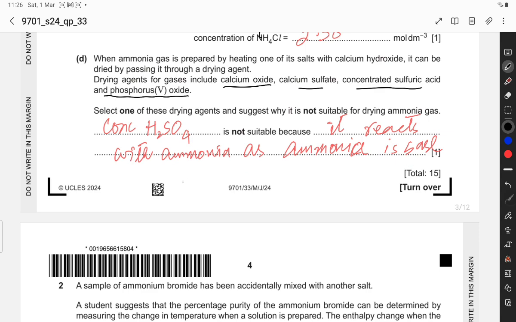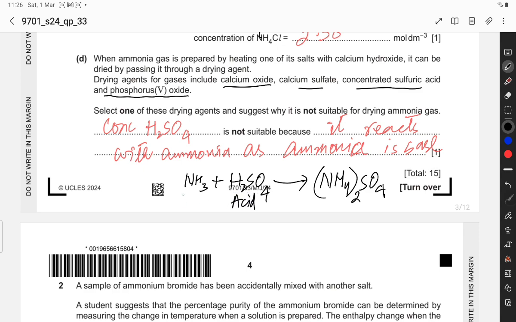We know that in this reaction ammonia gas is produced, which can react with sulfuric acid to form ammonium sulfate. So we can't use concentrated sulfuric acid because sulfuric acid is an acid and ammonia is a base. So acid and base can react with each other to form salt.